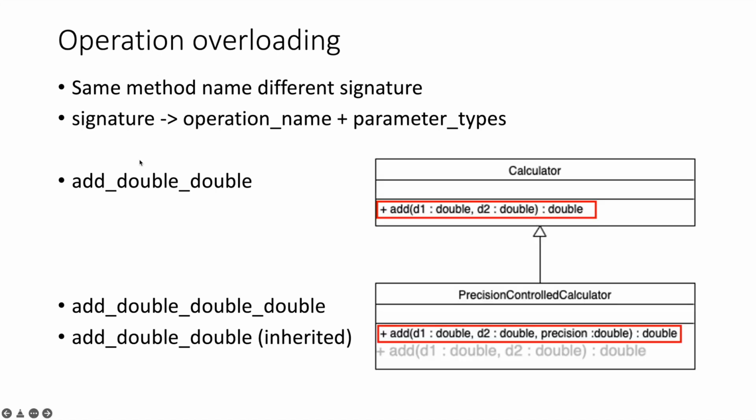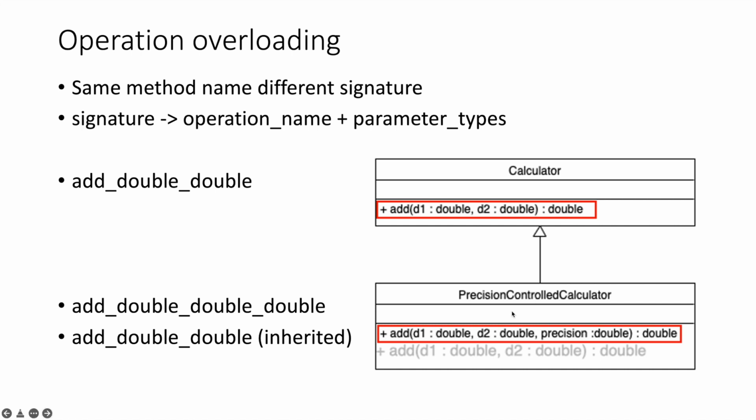Now there is another variant also. Let us consider this case. You will find Calculator is a base class and SomePrecisionControlCalculator is a child class. So parent class, child class. Here there is a method called add with signature add double double, and the return type of course is double, but we are not going to consider it a part of the method signature.